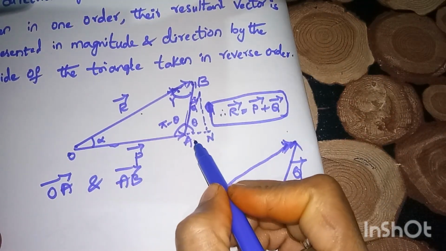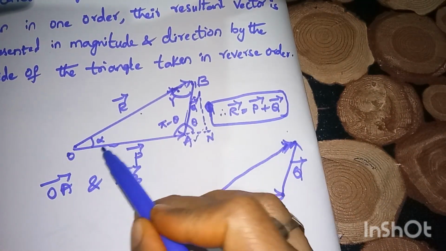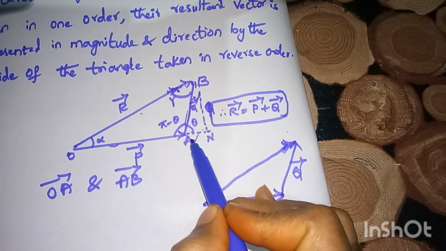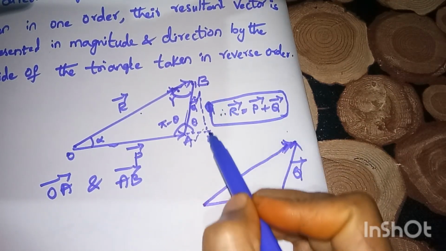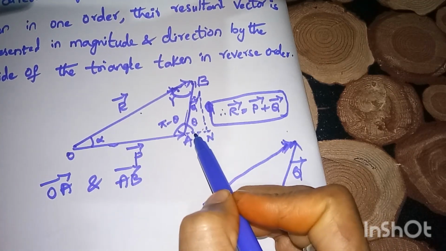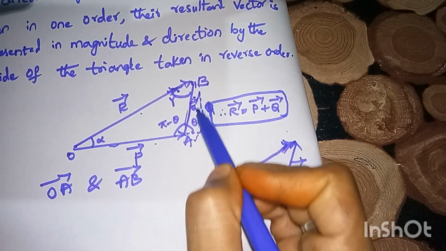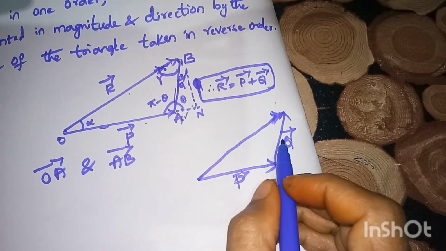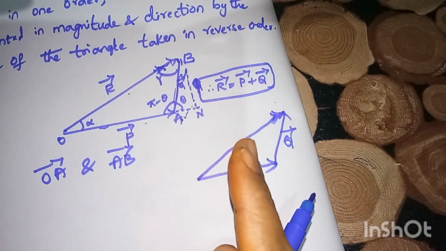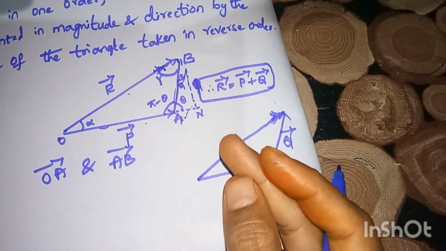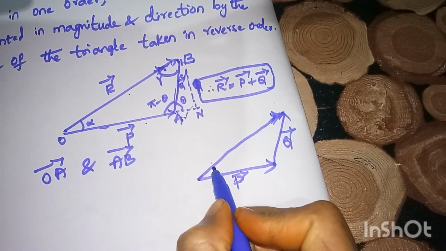Now extend the line from OA to N, so AN, and draw a vertical line from B to N. Here the angle between P bar and Q bar is theta. You know that to find the angle between two vectors, the two initial points should be connected.